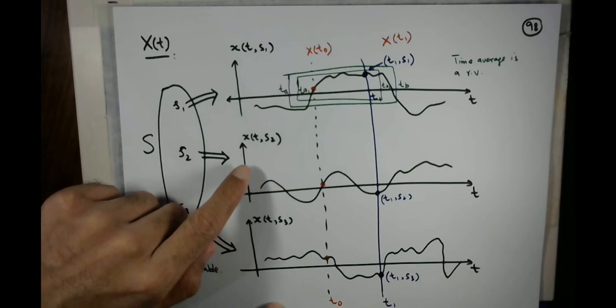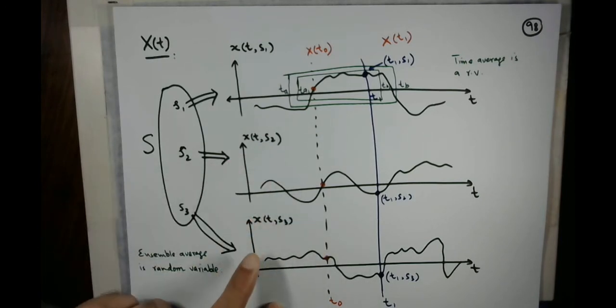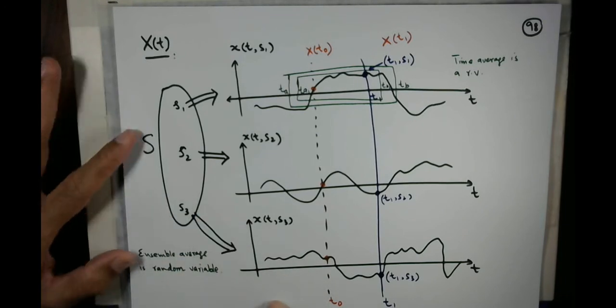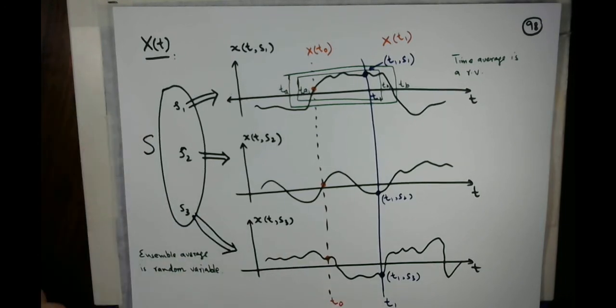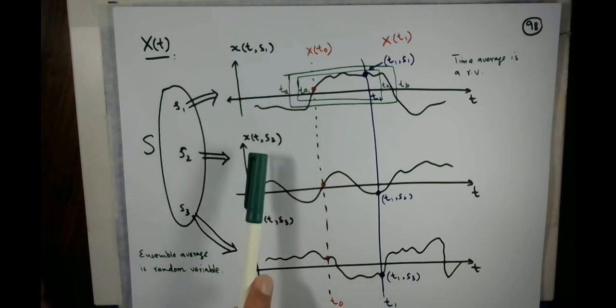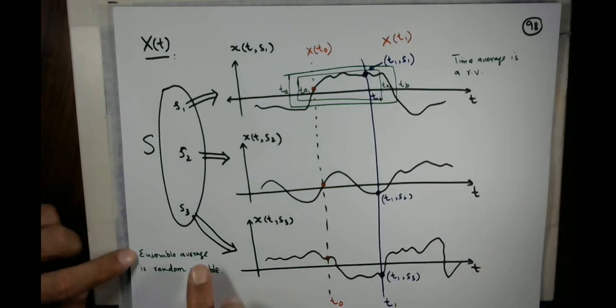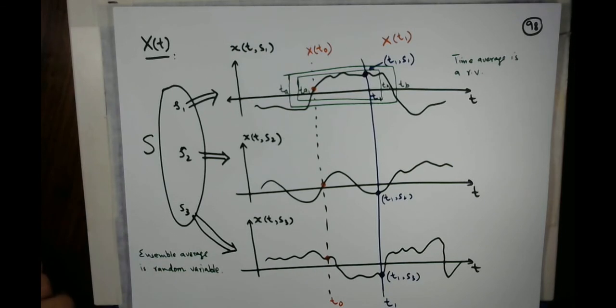Similarly, s2 has an associated waveform x of t comma s2, and similarly x of t comma s3. So these are the 3 different waveforms. This is one sample function, this is another sample function, this is another sample function. So all these waveforms considered together is called the ensemble of the process.